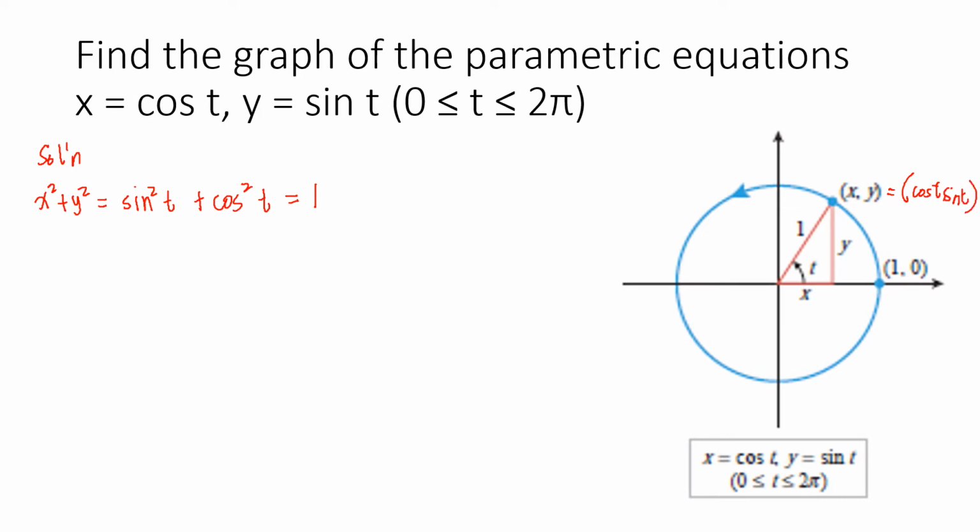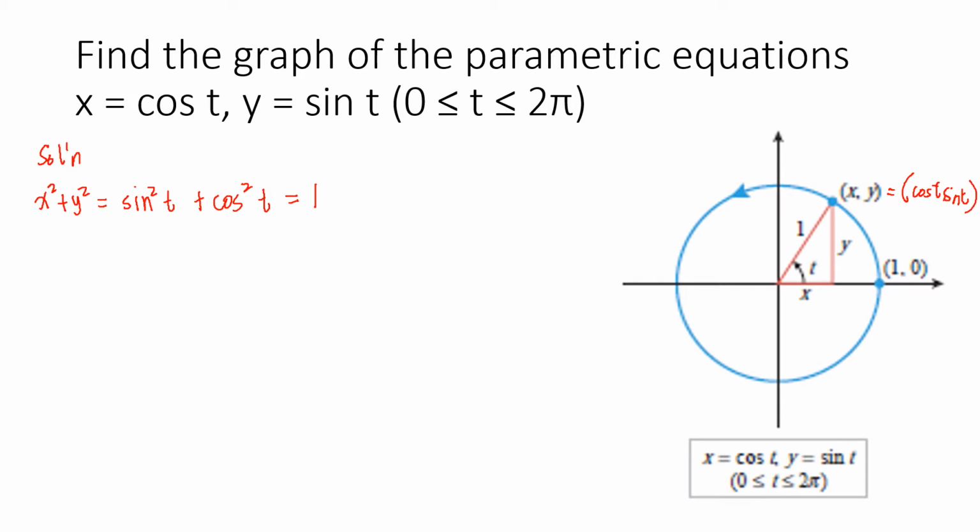As t increases from 0 to 2 pi, the point traces the circle counterclockwise starting at (1, 0) when t is equal to 0, and completing one full revolution when t is equal to 2 pi. One can obtain different portions of the circle by varying the interval over which the parameter varies. So this would be the graph of the parametric equations x equals cosine t, y equals sine t, where t is between 0 and 2 pi.